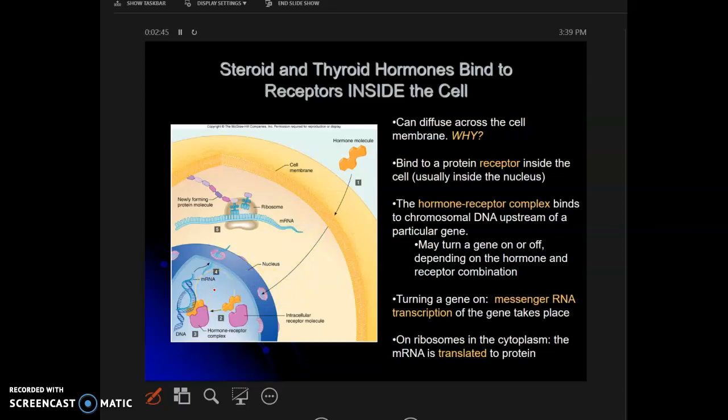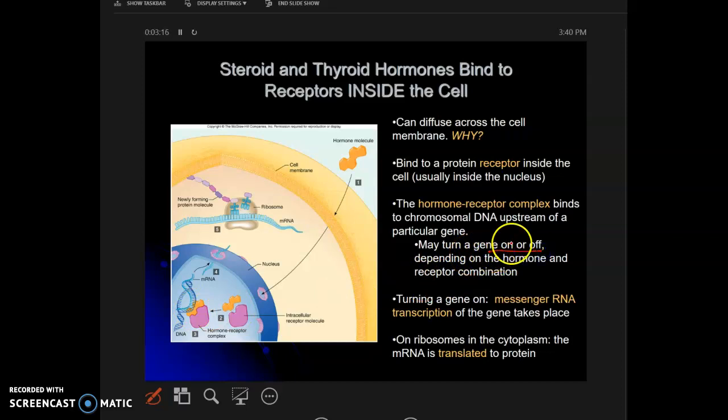Then a hormone receptor binds again to the steroid hormone, and these two are directed to bind at a particular site of the DNA chromosome. Once it binds the DNA, it will either turn the gene on or turn the gene off.